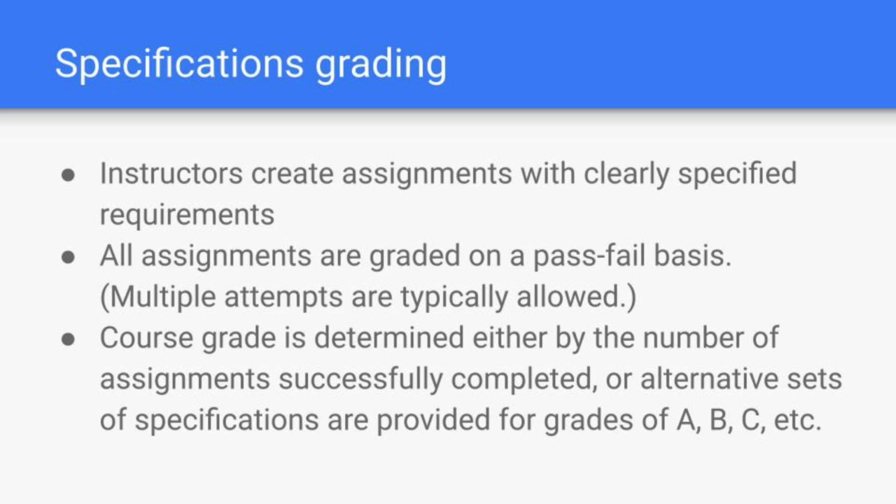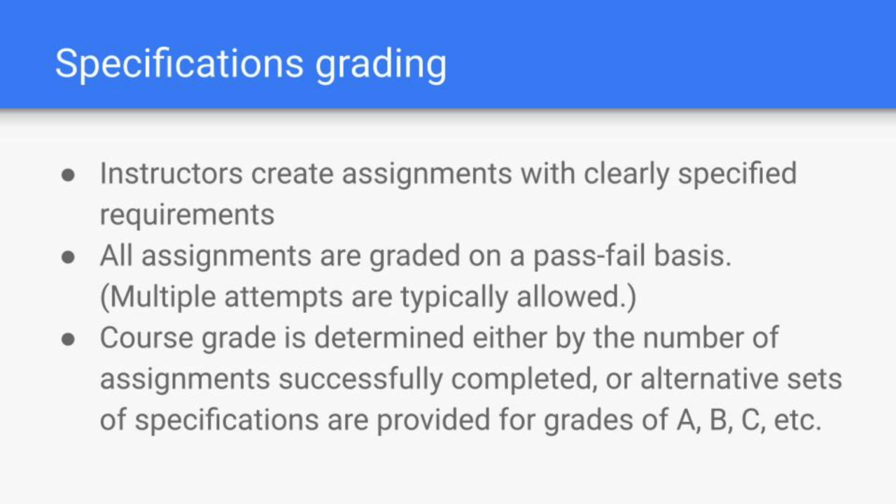Now, another approach, and this is actually one that was developed by Linda Nielsen about a decade and a half or so ago. And it's basically grading students on a pass-fail basis for individual activities, that you create assignments with very clearly specified requirements, the specs or the specifications for the assignment.